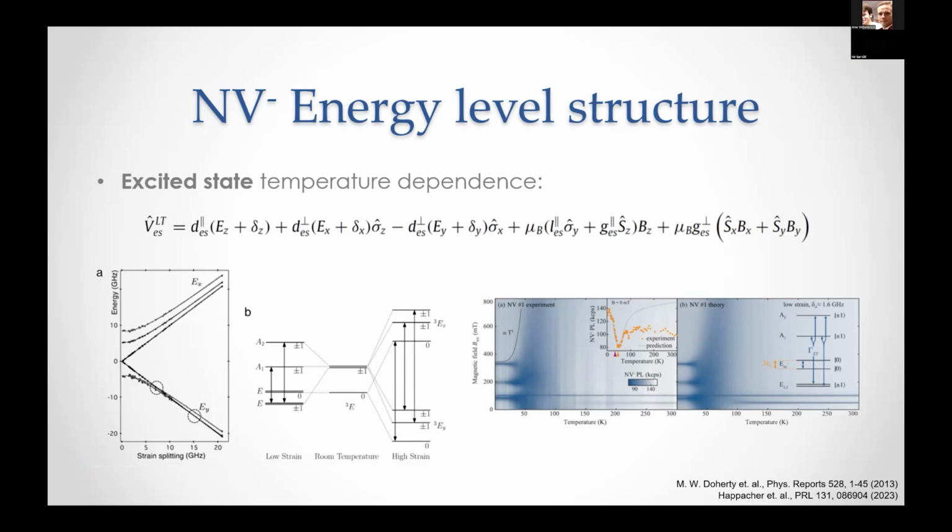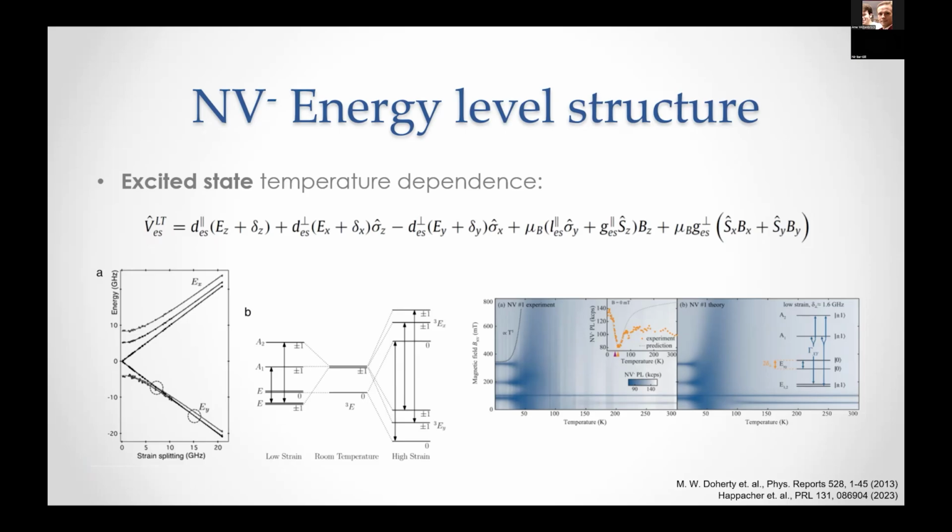So if you remember, I showed you this low temperature structure with these six states, the two orbitals and the spin degrees of freedom. When you heat things up and you go into room temperature, all of these orbitals mix together and we retain the spin structure only in the excited state, and that is what we will mostly use.